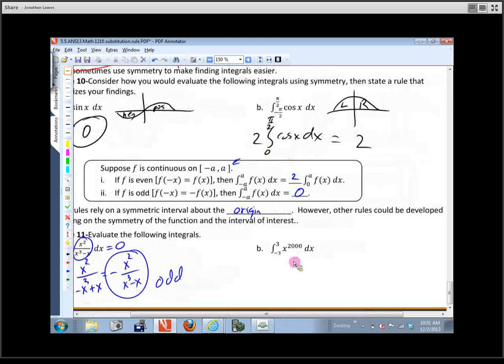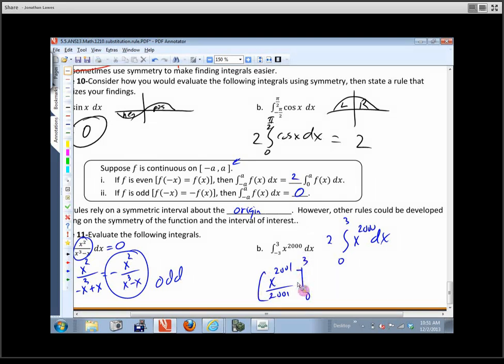And what about this one right here? It's even. That is an even function. So the advantage that you'd have here is you could just double the answer from 0 to 3, x to the 2000th dx. So this is going to be x to the 2001st over 2001, evaluated from 0 to 3.